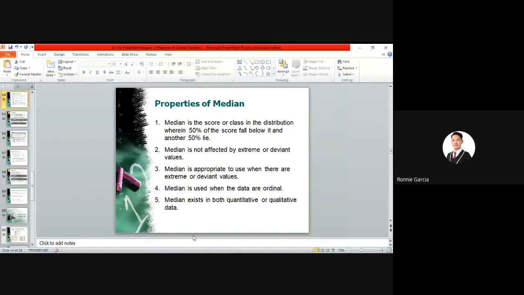So if you have the control para dili maapektuhan ang overall score, then imuhang i-choose nga measurement will be median. That's for number 3. Number 4, median is used when the data are ordinal. So we have already discussed this scale of measurement. Ordinal means i-arrange. So kung naka-arrange daw ang data, then it can be possible nga makomputan ang median. And for number 5, it exists in both quanti and quali data.